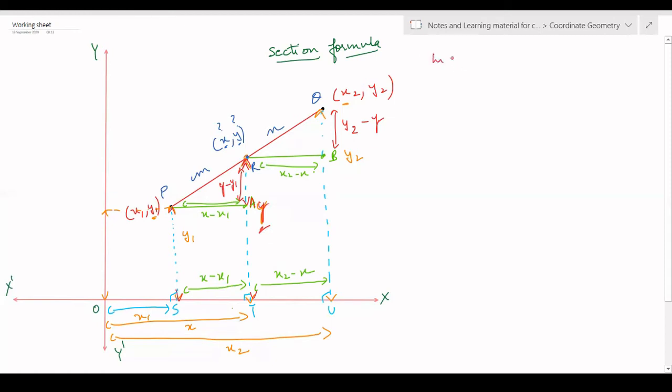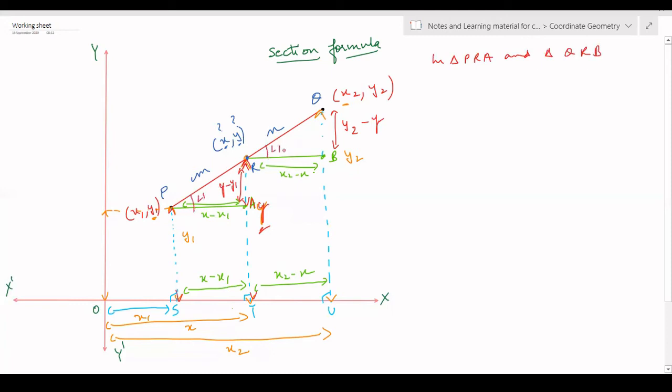Now looking at triangle PRA and triangle QRB, this angle 1 is equal to angle 2. If I extend this line, we know this is parallel to this, and angle 1 becomes equal to angle 2.